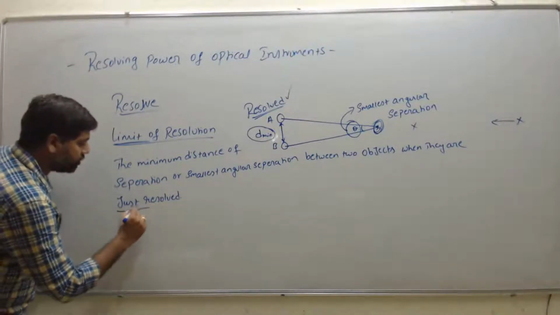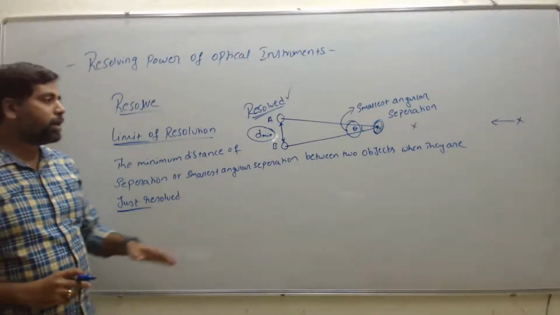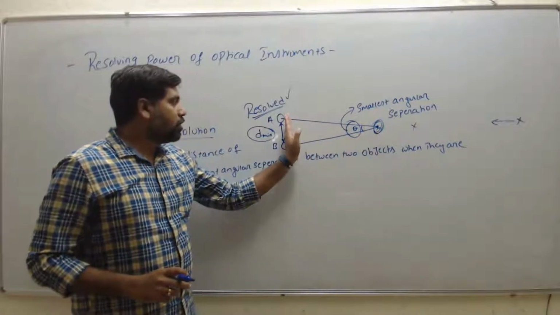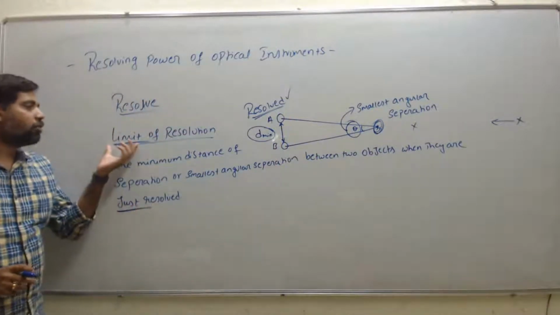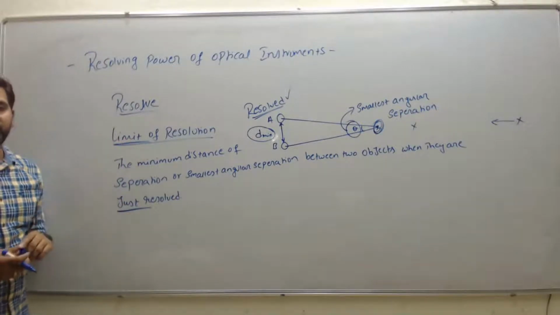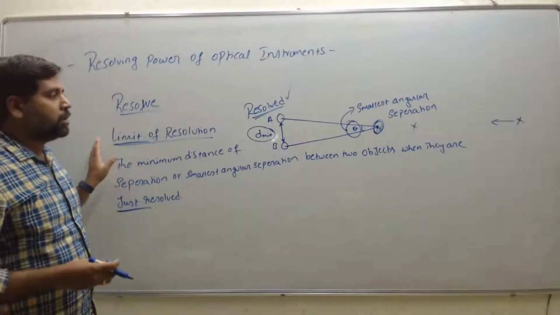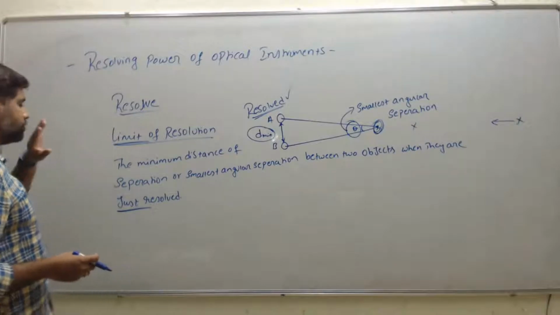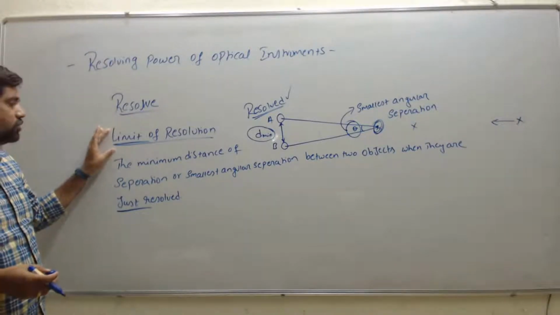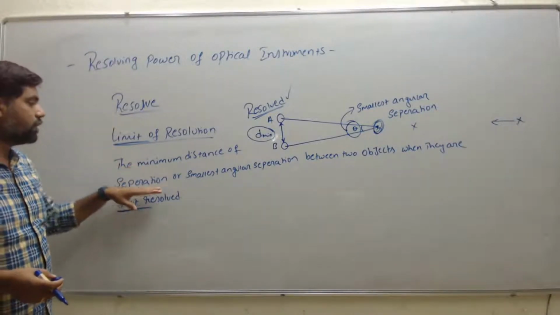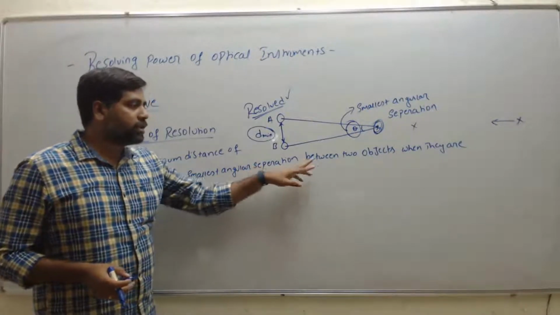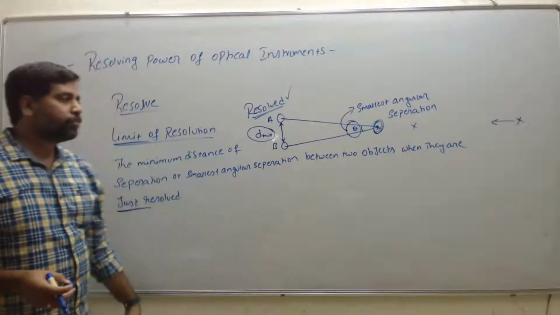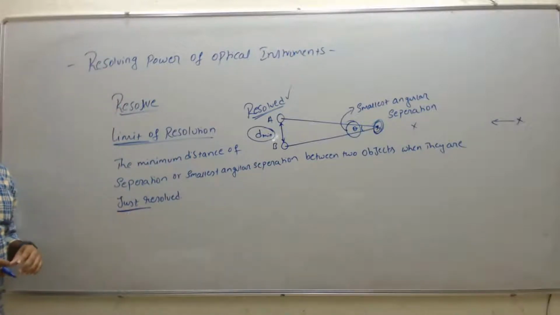This is very important. So the limit of resolution is the minimum distance of separation, or the smallest angular separation between two objects when they are just resolved.